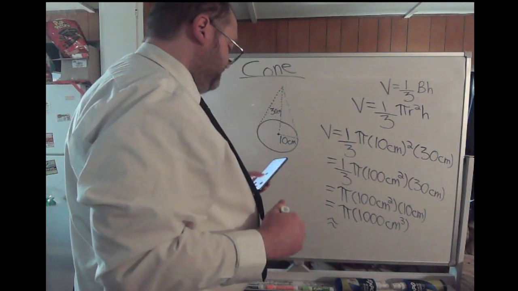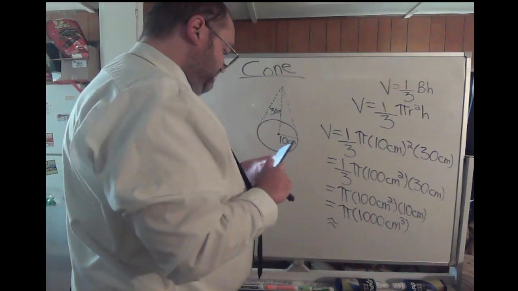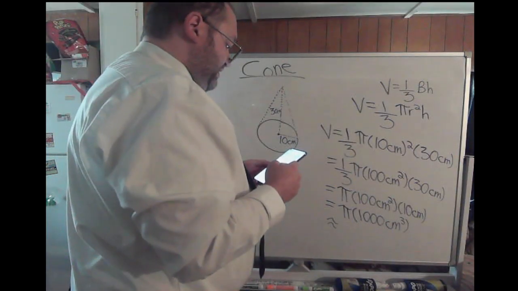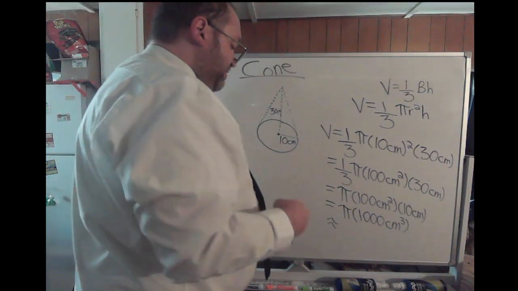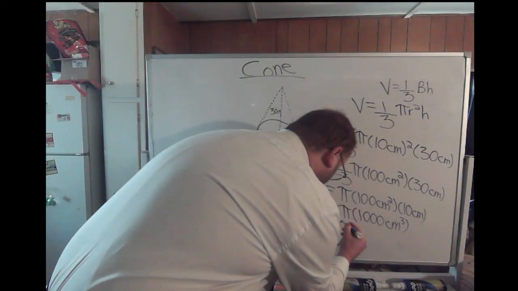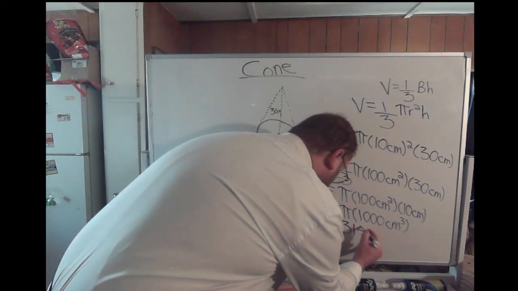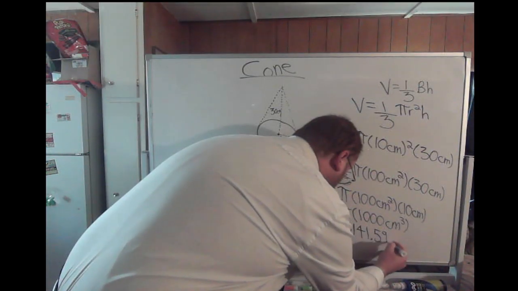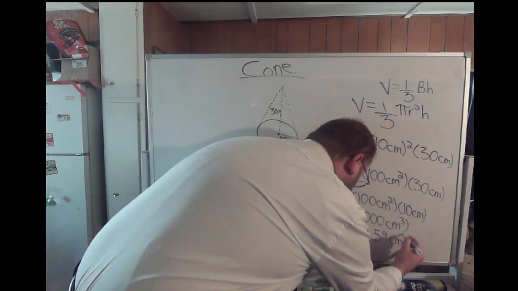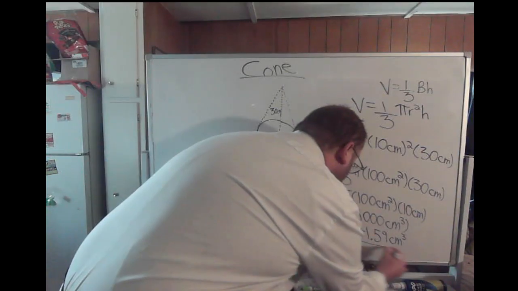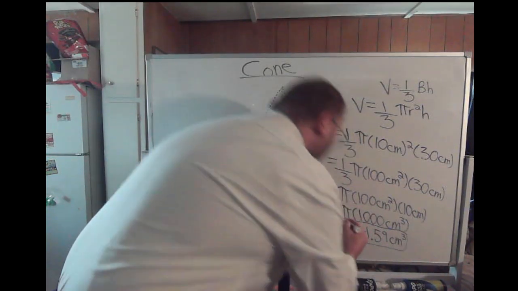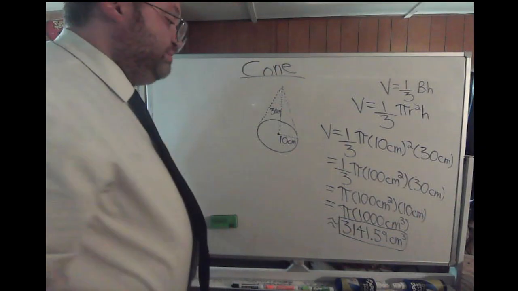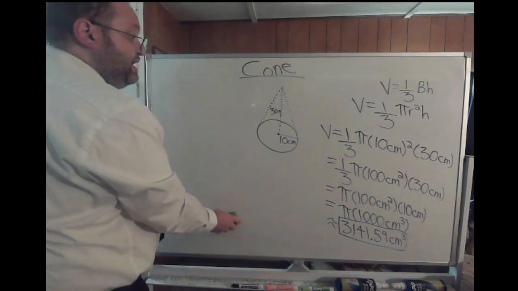Pi times 1,000 gives me 3,141.59 cubic centimeters. So the volume of this particular cone is about 3,141.59 cubic centimeters. That's what I would get.